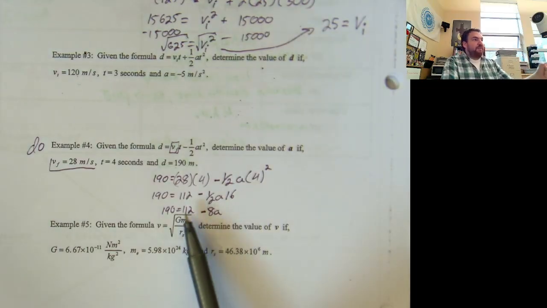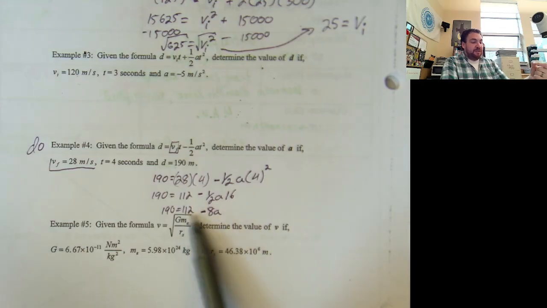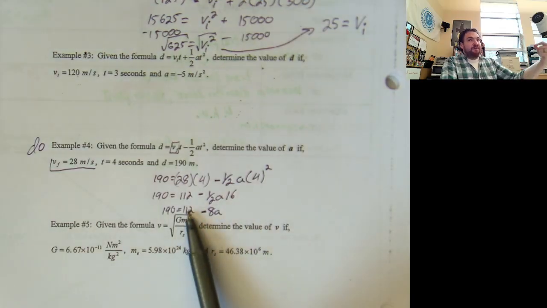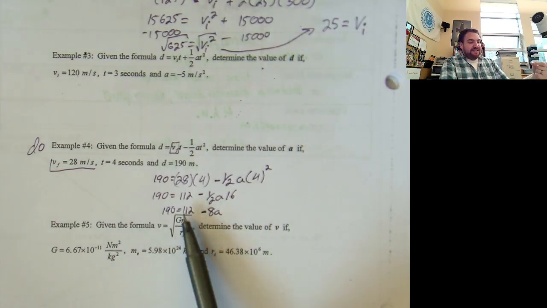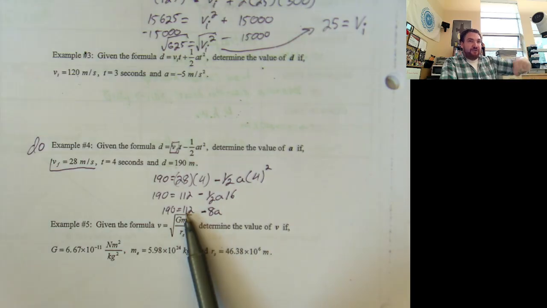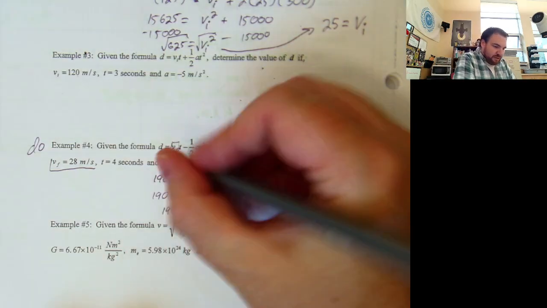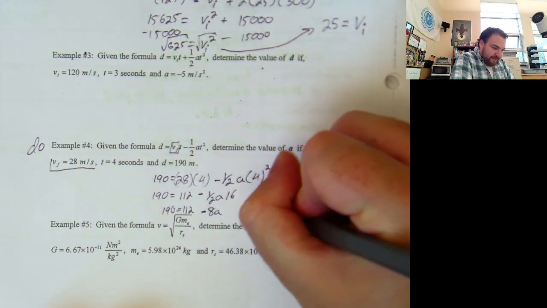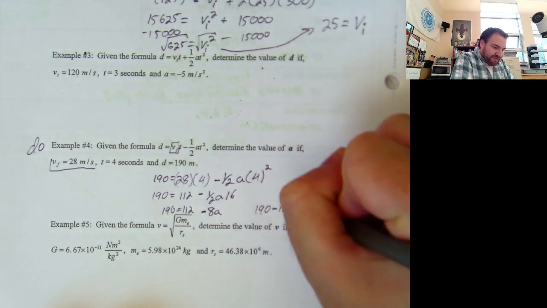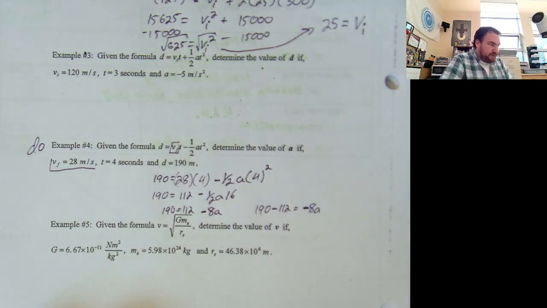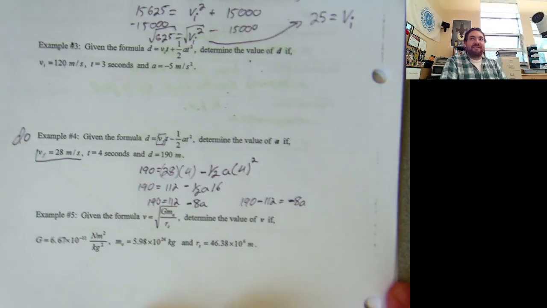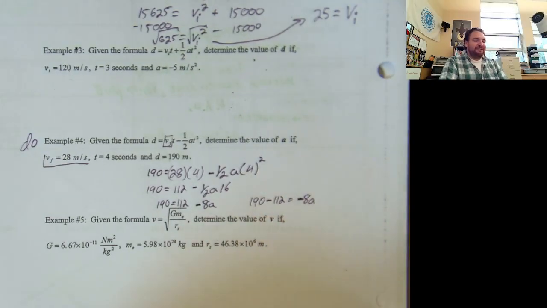We want to look at the 112, and it's the sign on the 112 that dictates what we use. 112 is positive, so we subtract it over. So we're going to get 190 minus 112 equals negative 8A, and that, Sienna, is probably where you dropped the minus sign. Yeah. I told you, it's a classic mistake for ages.